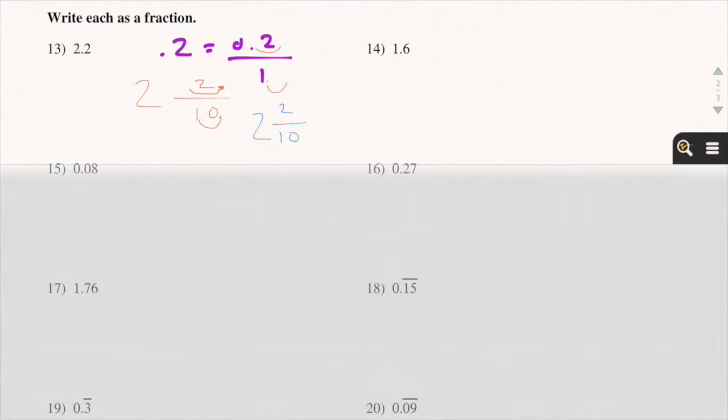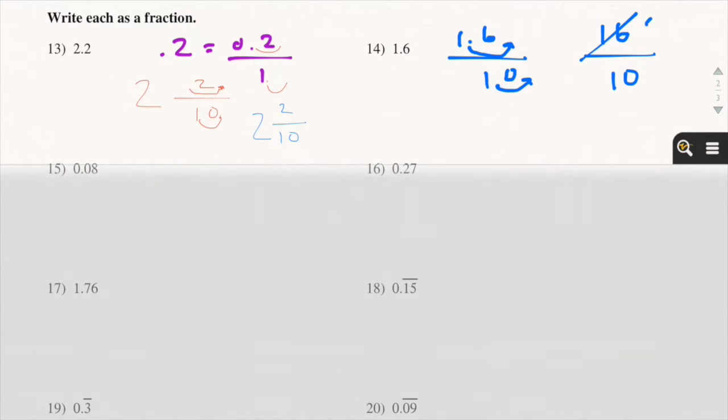Okay, number 14. I said I was going to do a different method. So what you can do is the same thing as 1.6 over 1, okay? Same concept, moving the decimal over one place and moving this decimal over one place and filling it with a 0. So we end up getting 16 over 10. One thing you can do is reduce it right away because our common factor is 2 between 16 and 10.